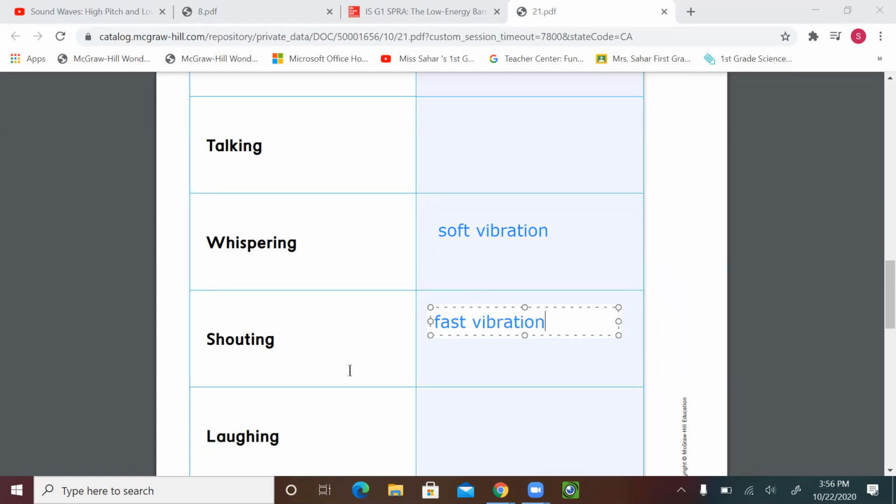All right. How about laughing? If you put your hand on your throat and you start to laugh, you stop and laugh, on and off. So that means your vibration will be on and off. When you laugh, you're going to feel vibration. When you stop, it's going to stop. And then when you continue laughing, it's going to vibrate again.